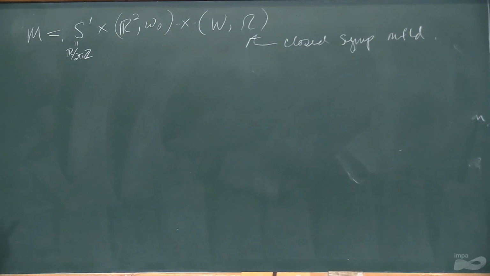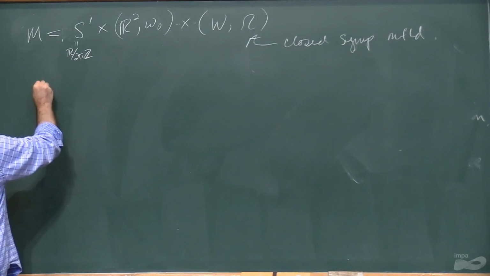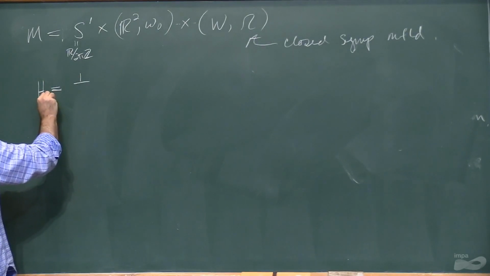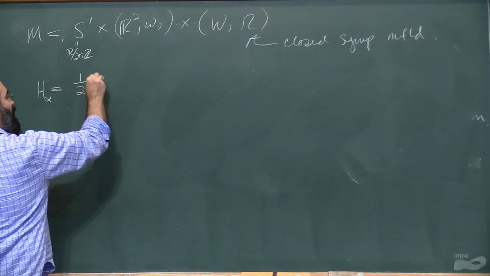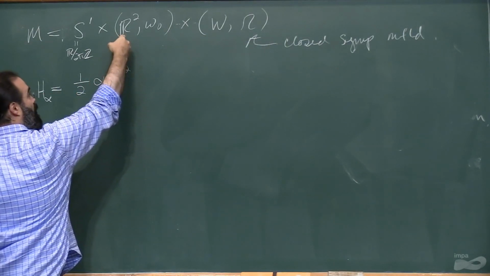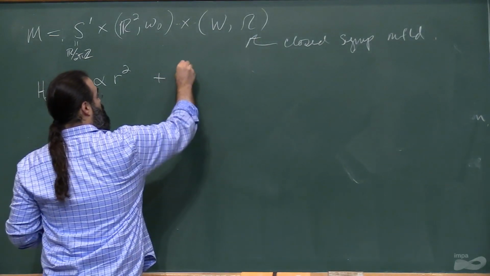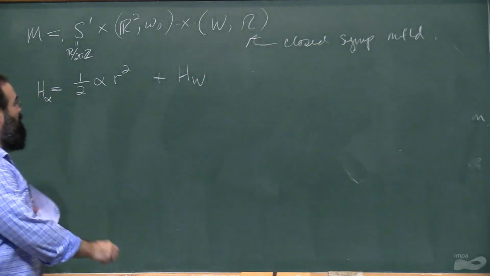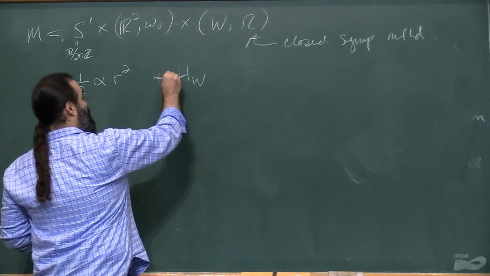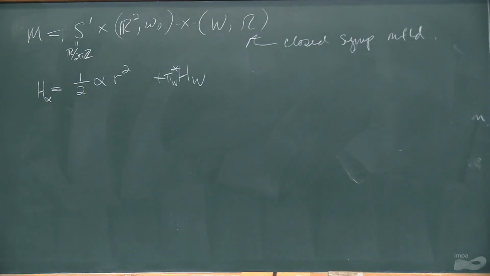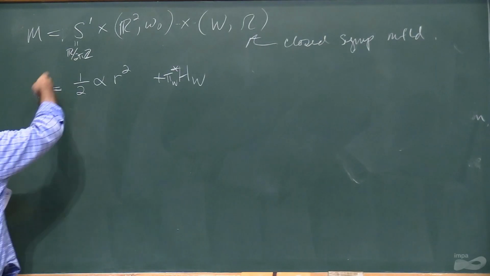And so let's put an autonomous Hamiltonian on this, which will be 1/2 alpha r squared, where r is, in polar coordinates, just the radial coordinate on R2, plus just your favorite autonomous Hamiltonian on W. I'll put a pullback there, but I might get sloppy about writing that. And so now the stable Hamiltonian structure here should be the one I wrote down earlier for mapping tori.